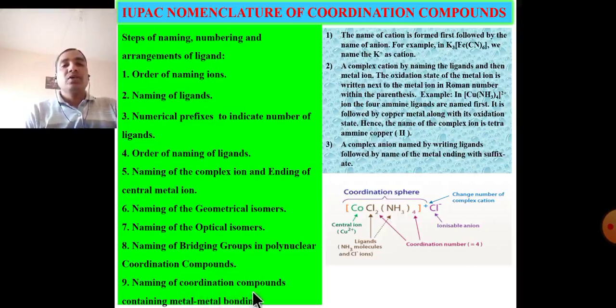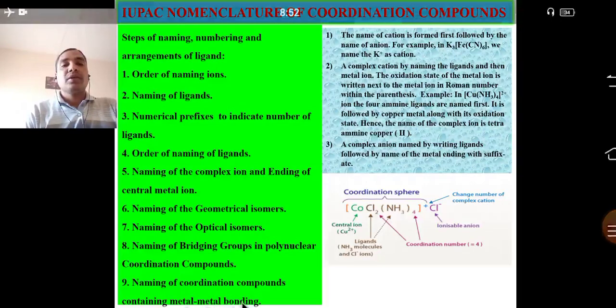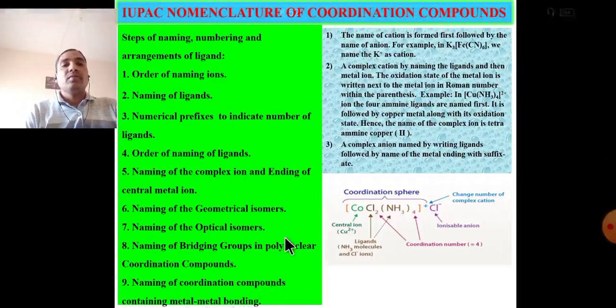Naming of a coordination compound containing more than one metal ion: if two metals in the complex are linked, then the naming uses di, tri, tetra as usual.